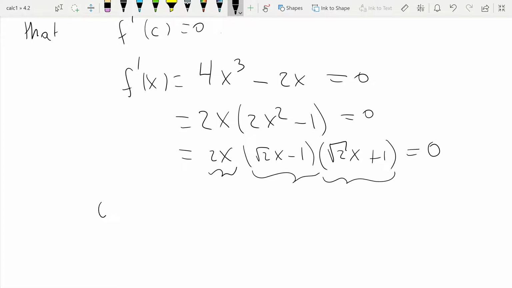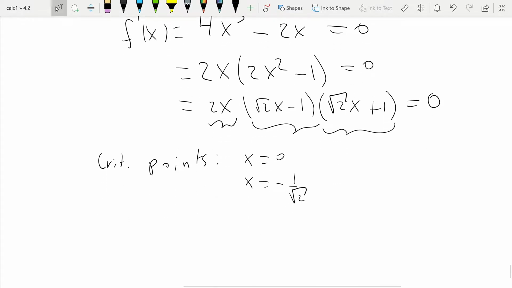So critical points, what are the critical points here? Critical points are x equals 0, x equals minus 1 over square root 2, which comes from the third factor here, and the second factor yields 1 over square root 2.